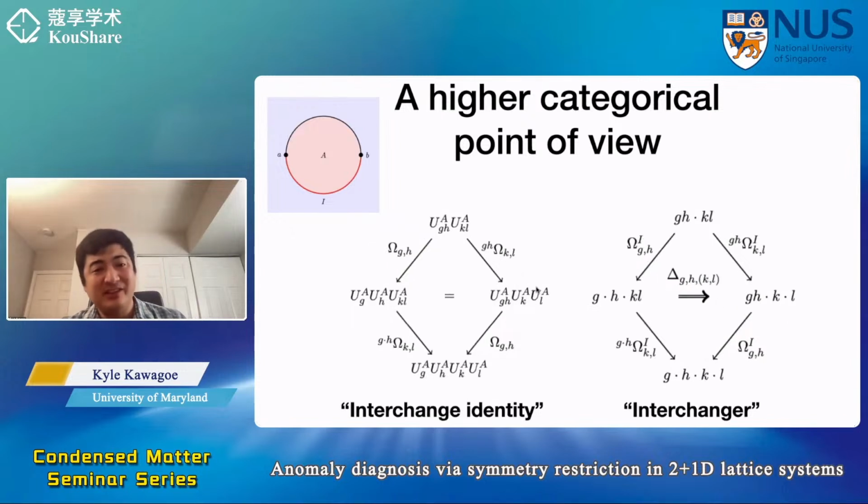And there's another one, which is sort of an interchange identity. So if you have an honest, strict 2-category, if you take GH and KL and split GH into G times H, and then split KL into K times L, it doesn't matter which order you do that in, those are the same.